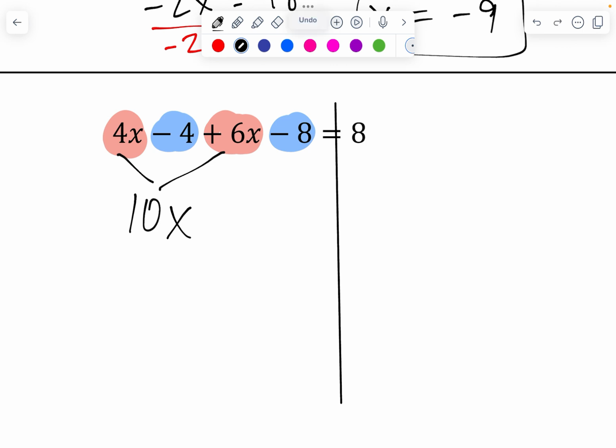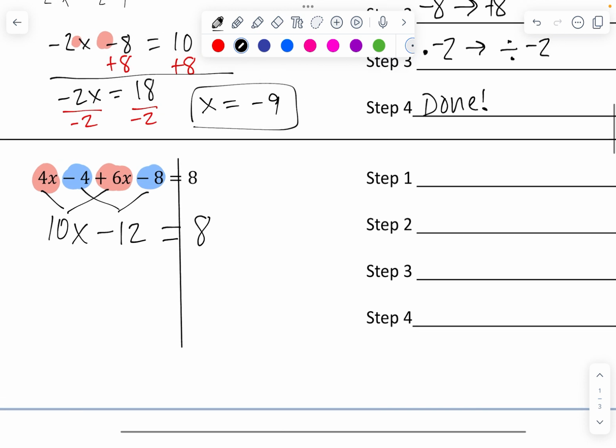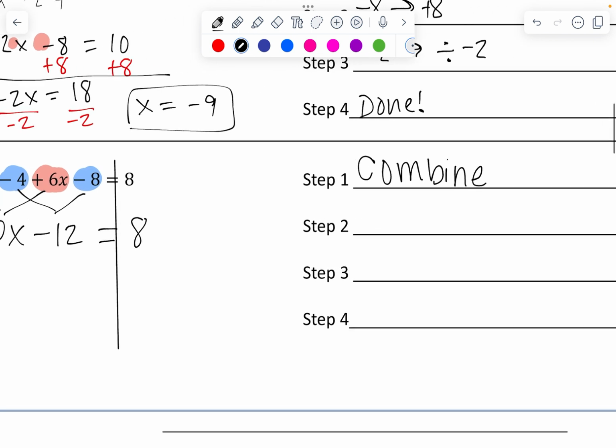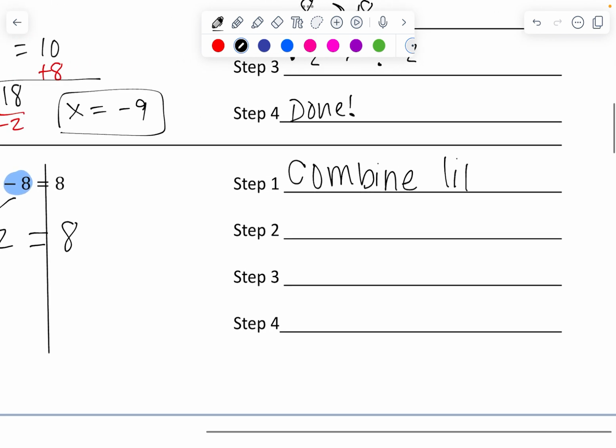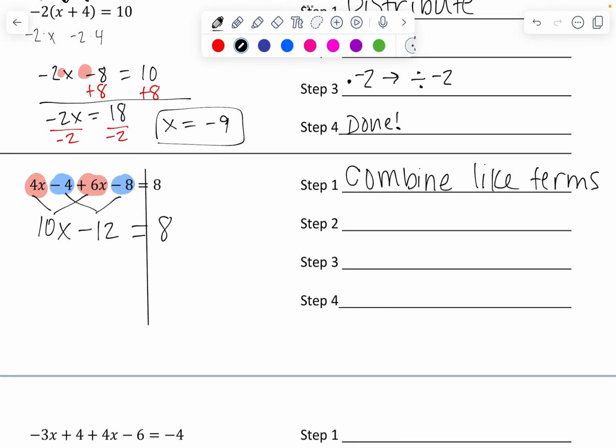So just do what they tell you to do. -4 minus 8 is -12. Bring down the equal sign, bring down the 8. Okay? So step 1 is just to combine like terms.